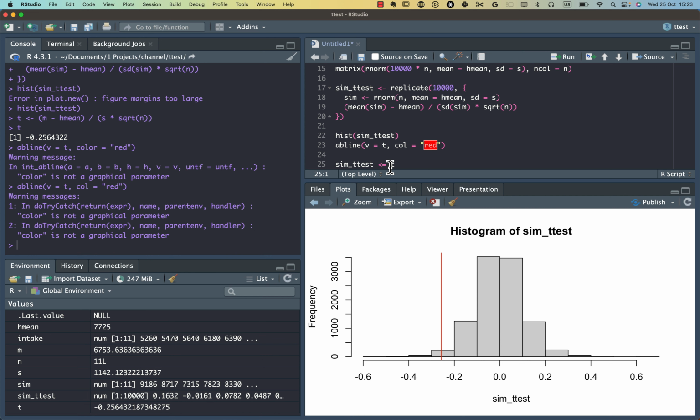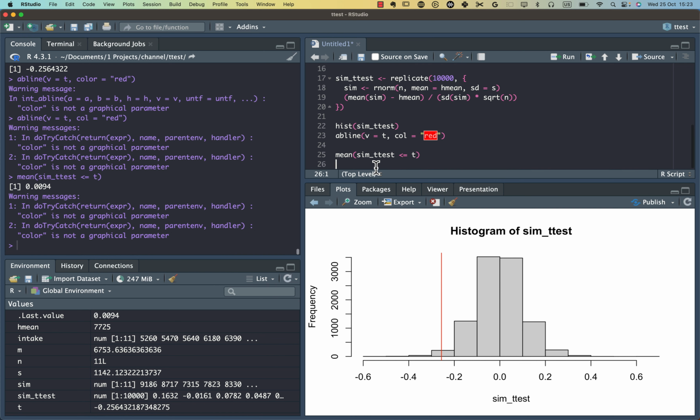And as you will probably know, if you take the mean of a Boolean vector in R, it will give you the proportion of values that are true, because it will implicitly convert everything to ones and zeros. So if you do the mean here, it gives you 0.009. So this is the proportion of samples generated under the null hypothesis that are as extreme as the values we saw in our data. And this is the p-value.